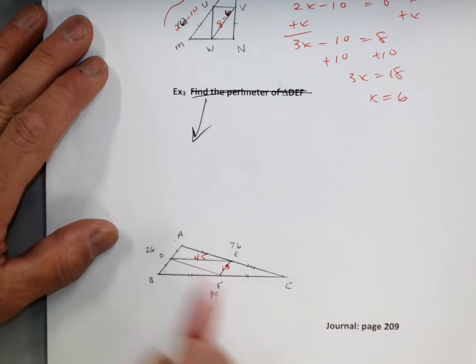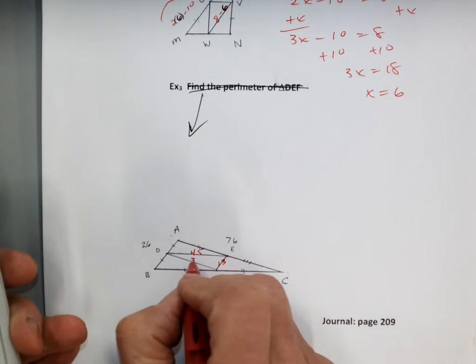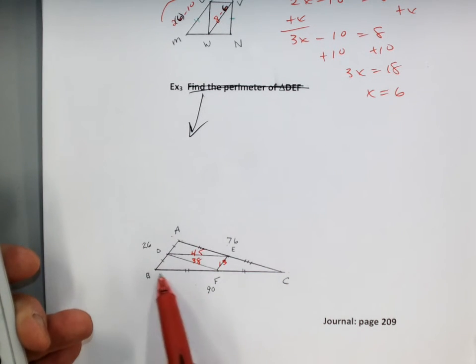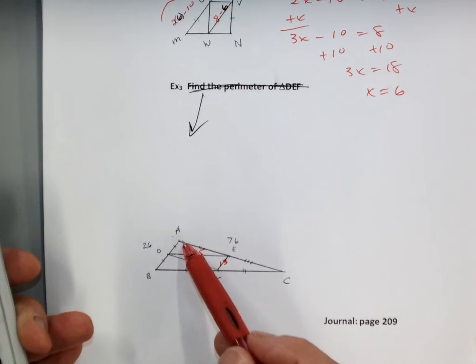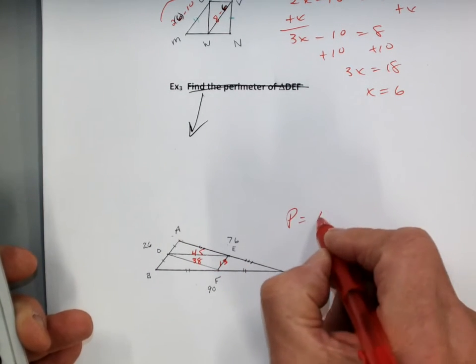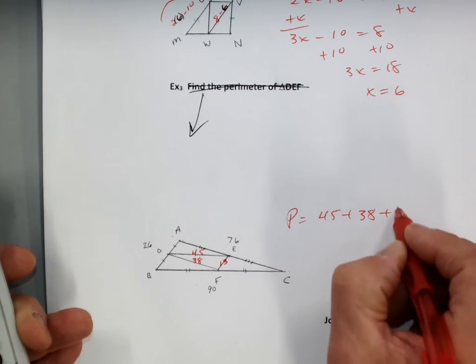And if this is 76, what's half of 76? 38. So all I did is I took half of that mid-segment, half of 90, half of 26, and then I'm just going to go perimeter is equal to my 45 plus my 38 plus my 13.